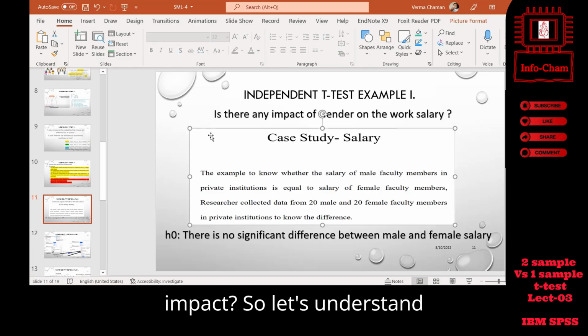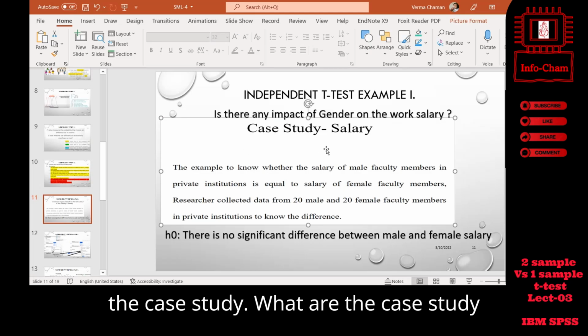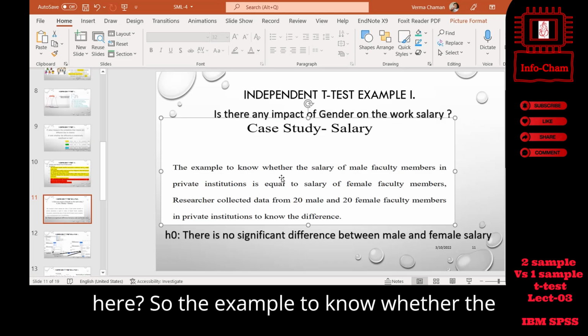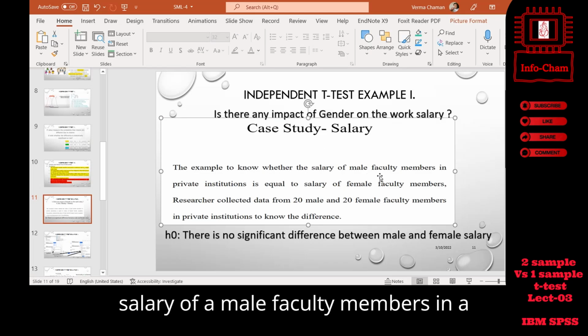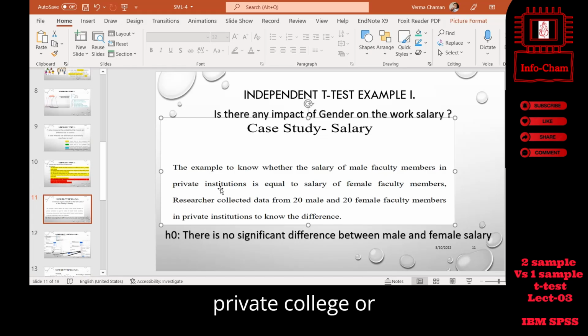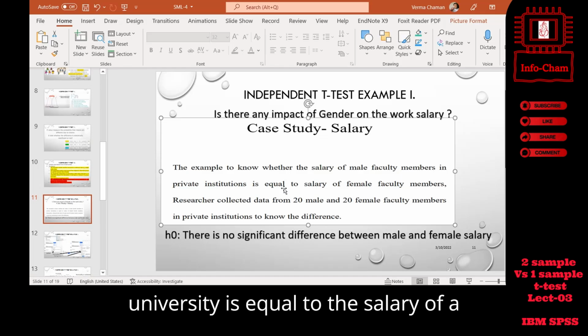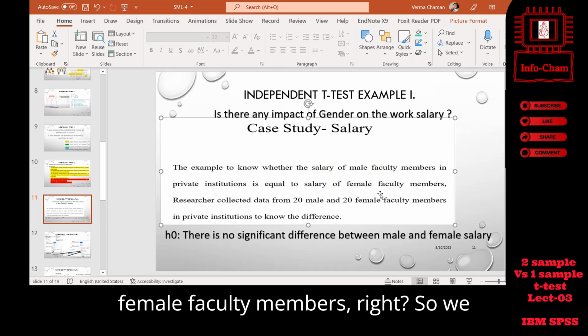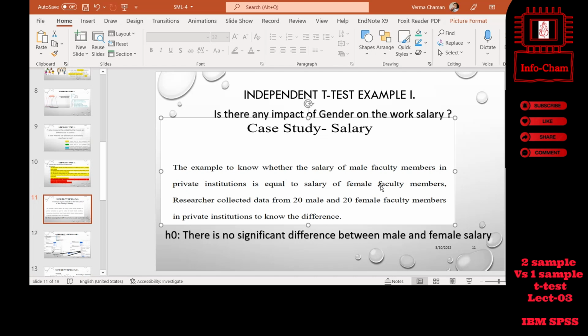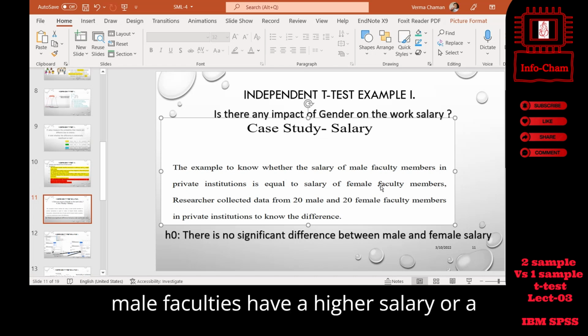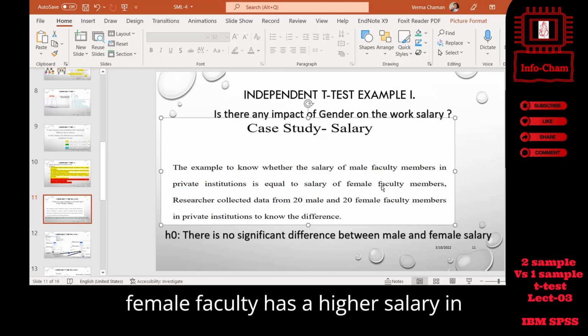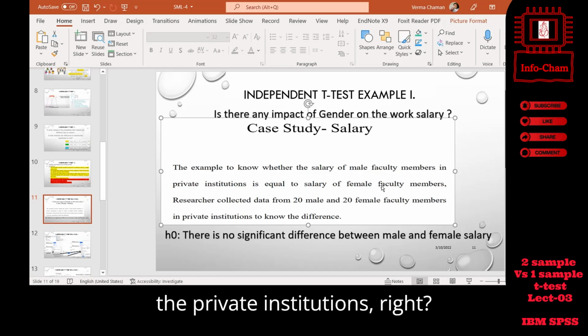So let's understand the case study. What is the case study here? The example is to know whether the salary of male faculty members in a private college or university is equal to the salary of female faculty members, right? So we want to compare whether male faculties have a higher salary or female faculty have a higher salary in the private institutions.